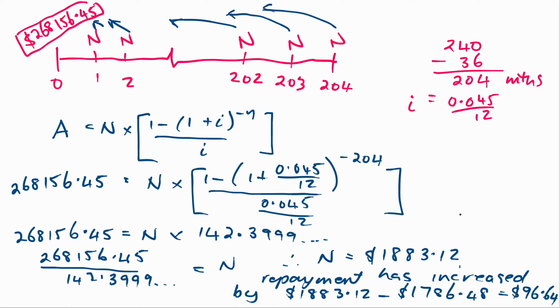So if you take note of the strategy that we've used here, when the time that something changed, that 3-year mark, when the interest rate changed, we had to stop there, evaluate how the loan was going, what was the balance, and then look at the new situation.